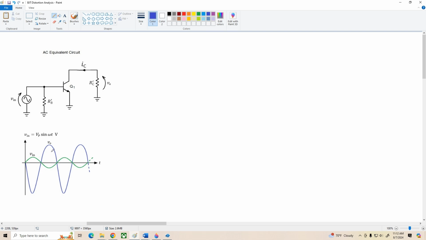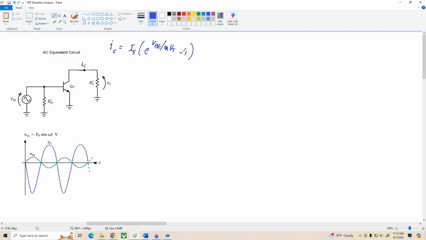All right, we're going to start by writing Shockley's equation for the collector current, and that is I sub C equals I sub S times e to the VBE divided by eta times VT, minus 1. Now, typically e to the VBE over eta VT is a very large number. It's going to be like 10 million or more.